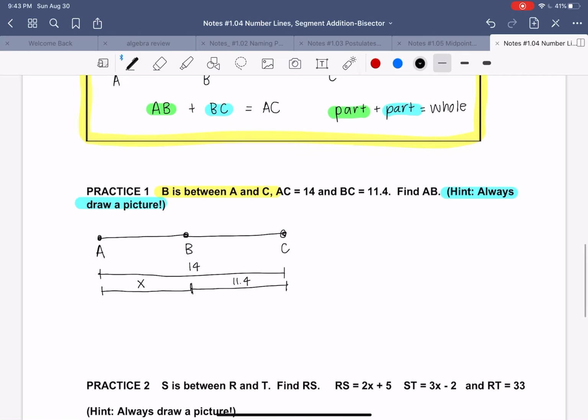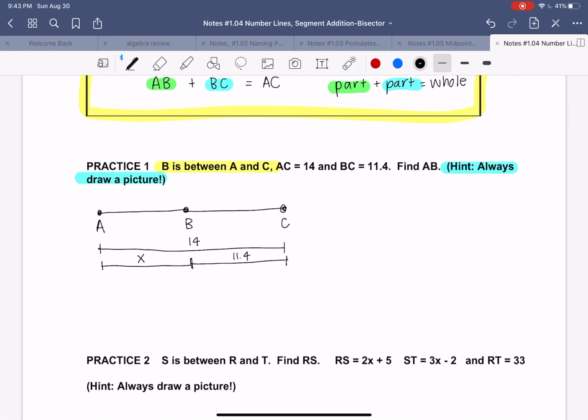So let's go back to our segment addition postulate. It wants me to find the value of AB. So the way I find AB is I use the part plus part equals whole. So my unknown part, my X, plus my BC, which was 11.4, equals my whole, and my whole was 14. And now you just solve. So how do I get X by itself here?